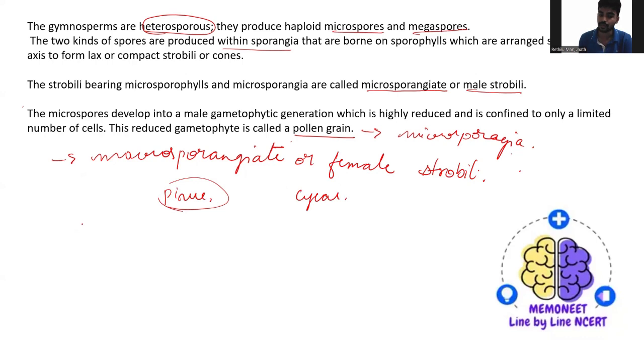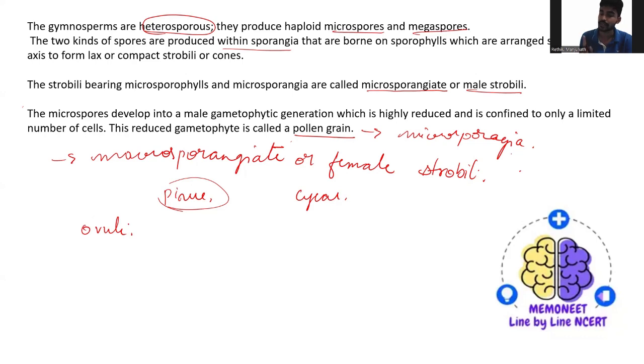Then the megaspore mother cell, as you know, normally differentiates to form one or two cells of the nucellus. This nucellus is protected by the envelope, the integument, and the whole structure is actually called the ovule. In the female, I'm talking. Okay.